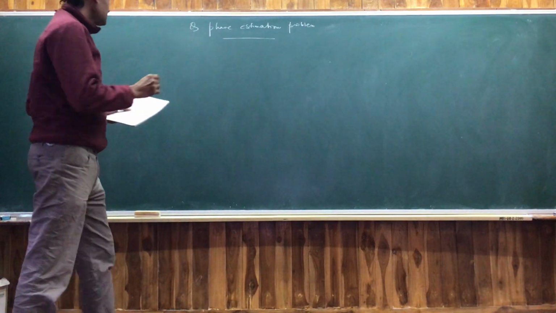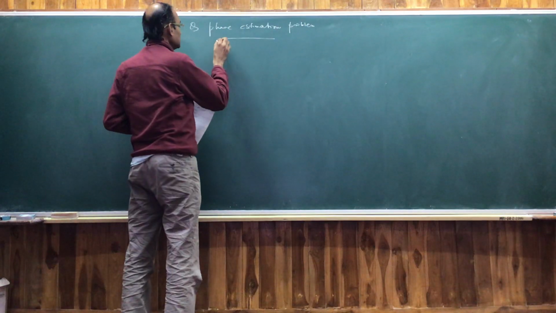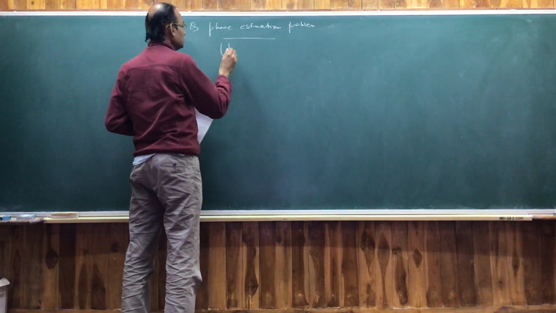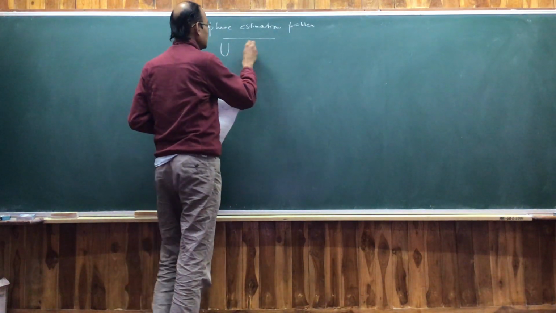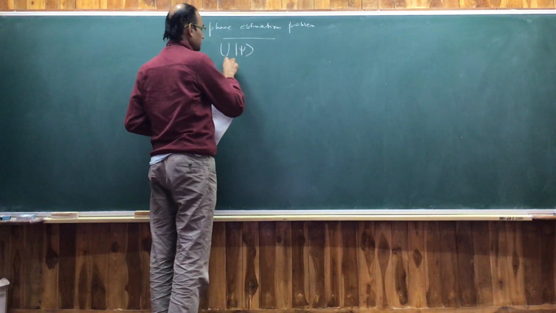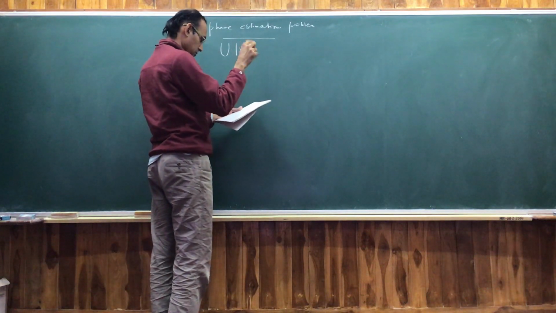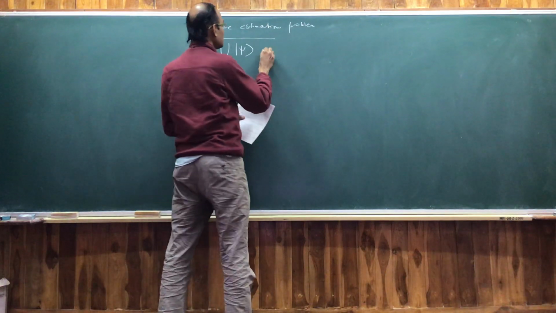And so there was a unitary U and an eigenvector of it. This was the notation, right?